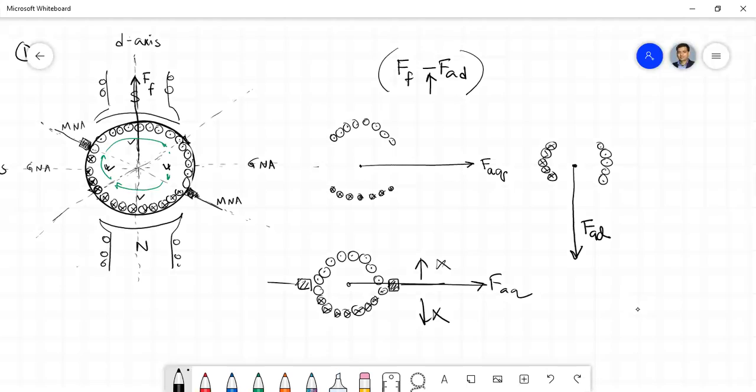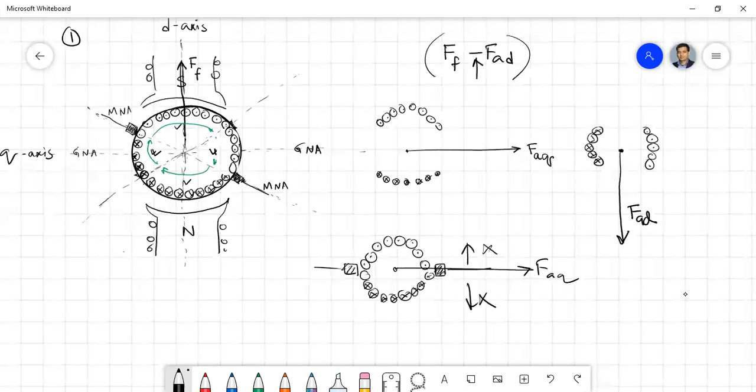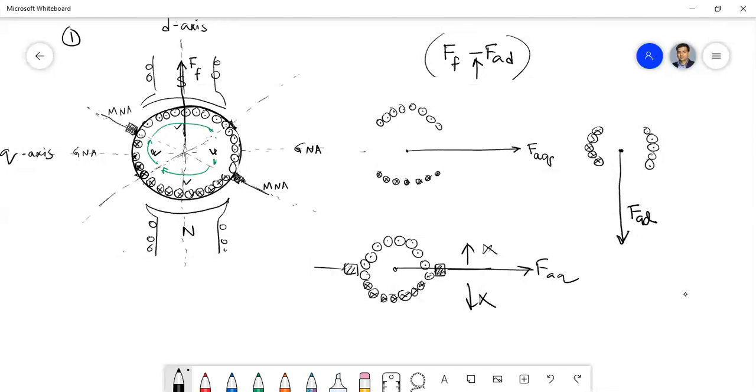Okay, so now if we have understood this point, brush shift gives us two issues. The first issue is that it is not possible to locate the position of the brush under varying load current. The second point is that the brush shift gives rise to the demagnetizing effect of the armature reaction.